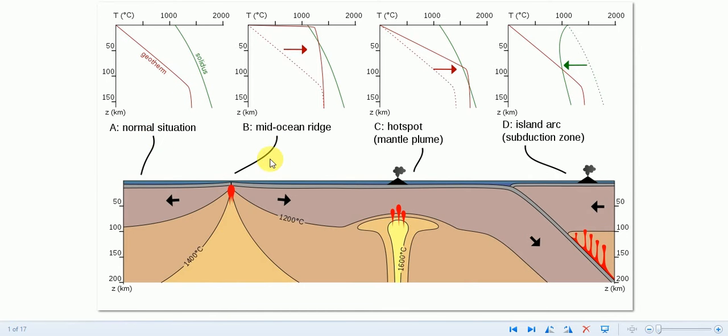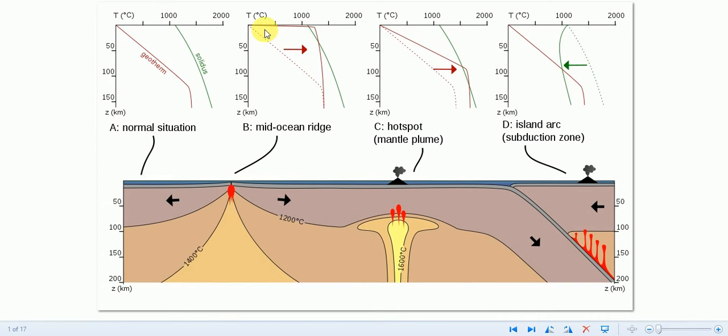But at the mid-oceanic ridge, this is the geothermal gradient line, and it shows that the rate of increase in temperature with increasing depth is very high.